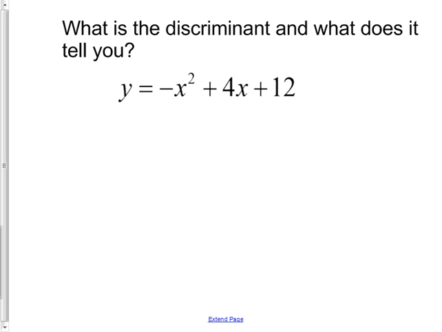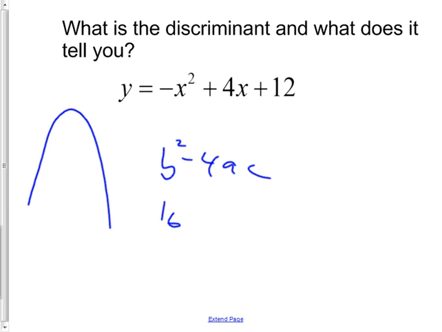Take a look at this one. See how it's negative in front? Will this one have a minimum or a maximum? This one will have a maximum because it'll be a parabola like this. And if I did the discriminant, b squared minus 4ac, it tells you how many solutions you will have. b squared minus 4ac. Okay? That's going to be 16 minus 4 times negative 1 times 12.